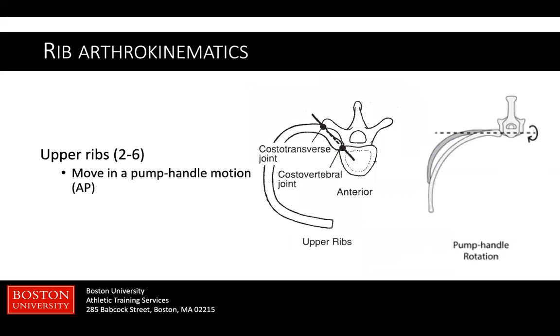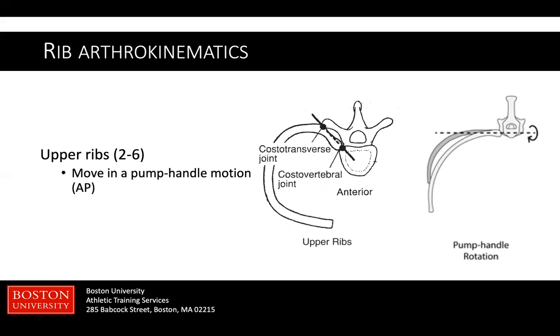So we can see here that there are multiple attachment points from the rib onto the thoracic vertebrae. But what's specific that I'm going to highlight here is the arthrokinematics of the rib, which is unique to the section of the ribs that we're looking at. And this is because of the attachment sites relative to the costochondral attachments, but also the actual costovertebral attachments.